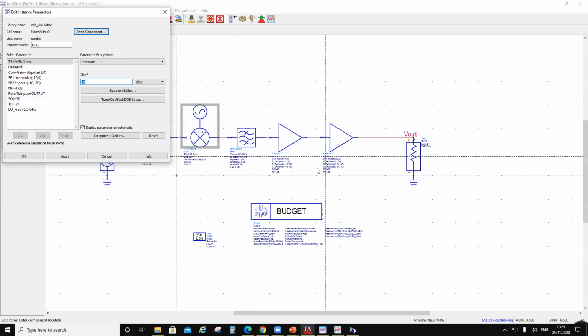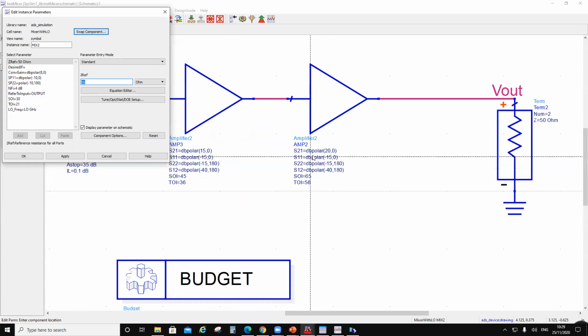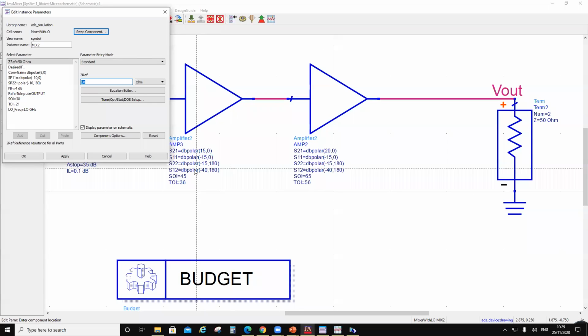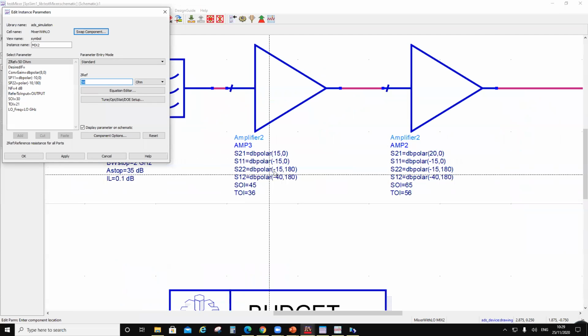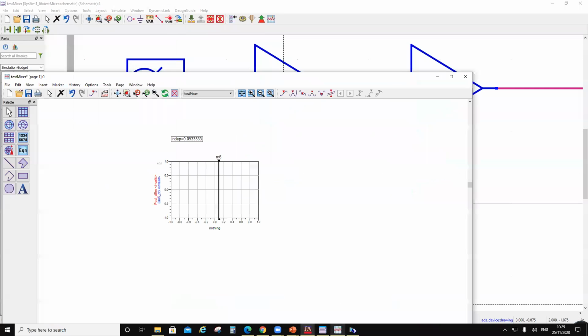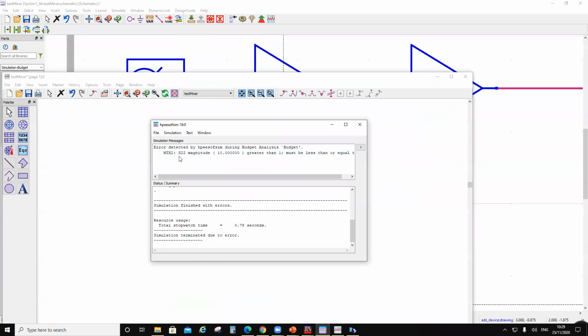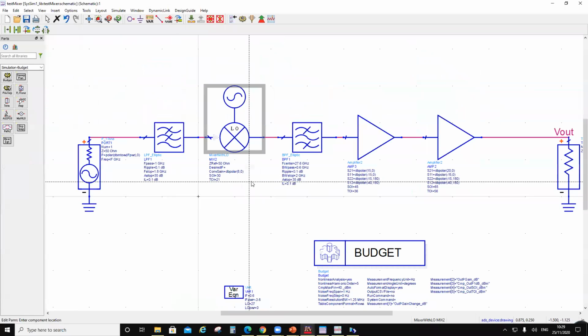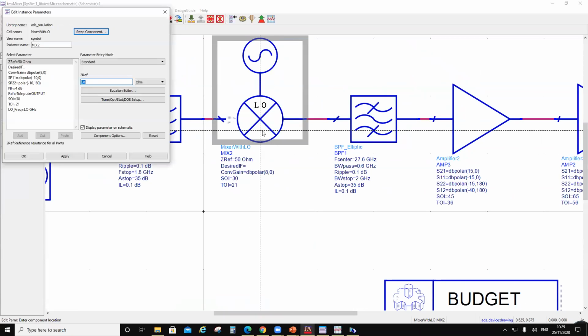Which one? S21, S11, S21, S11. Where is this warning coming from? Mixer 2, S22, 10, greater than 1, must be less than or equal to 1. So basically it is complaining about S22 here.